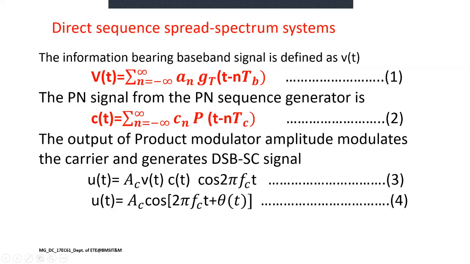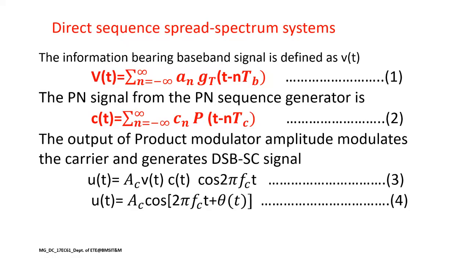So v(t) will be equal to summation n equal to minus infinity to infinity a_n g_T(t minus n T_b). See, this g_T(t minus n T_b) is a pulse. The information bits are represented as 0, 1, 0, 1 like that, using any line coding technique, unipolar, polar, or something.